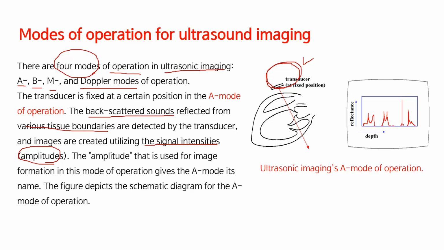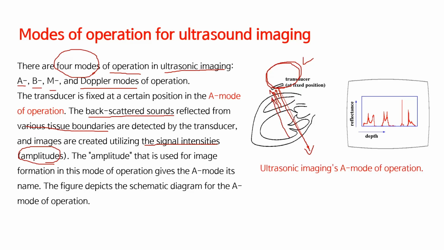So the transducer is fixed at a certain position, and we emit the ultrasounds, and we can detect the backscattered ultrasound waves at various tissue boundaries, here and here.